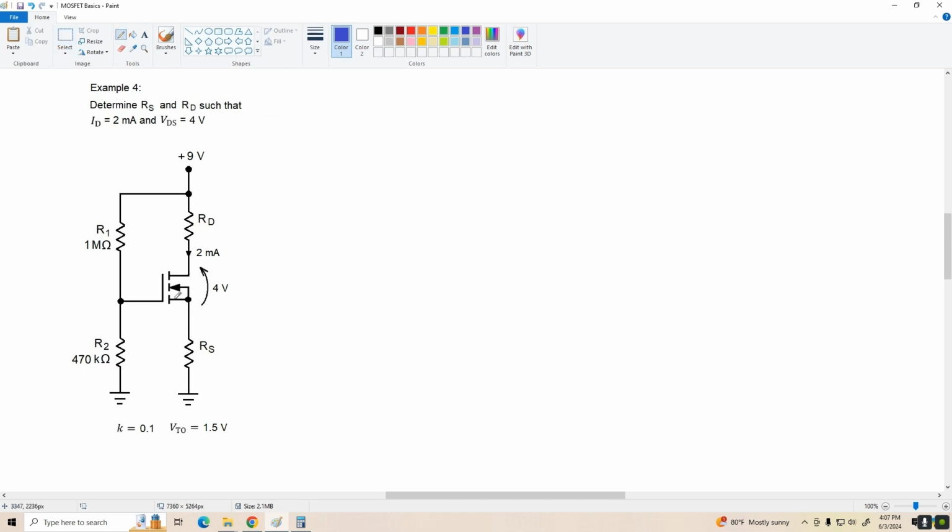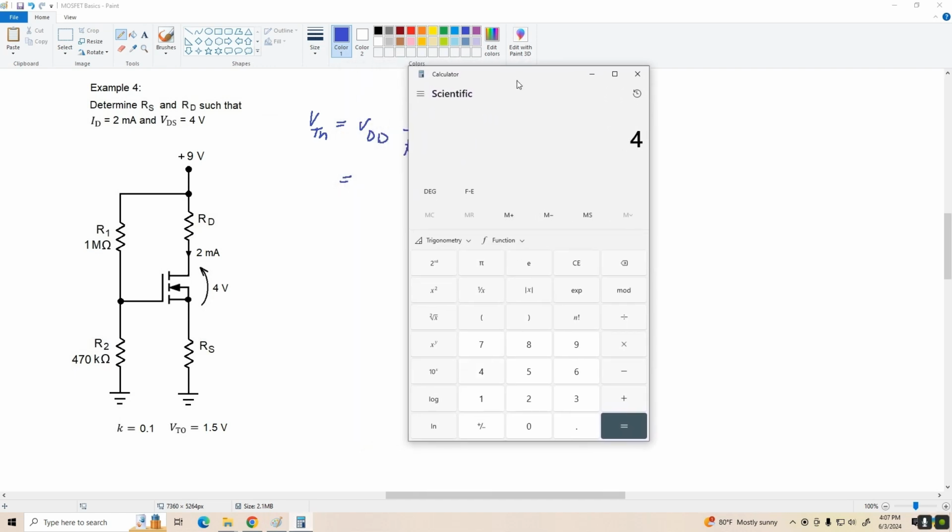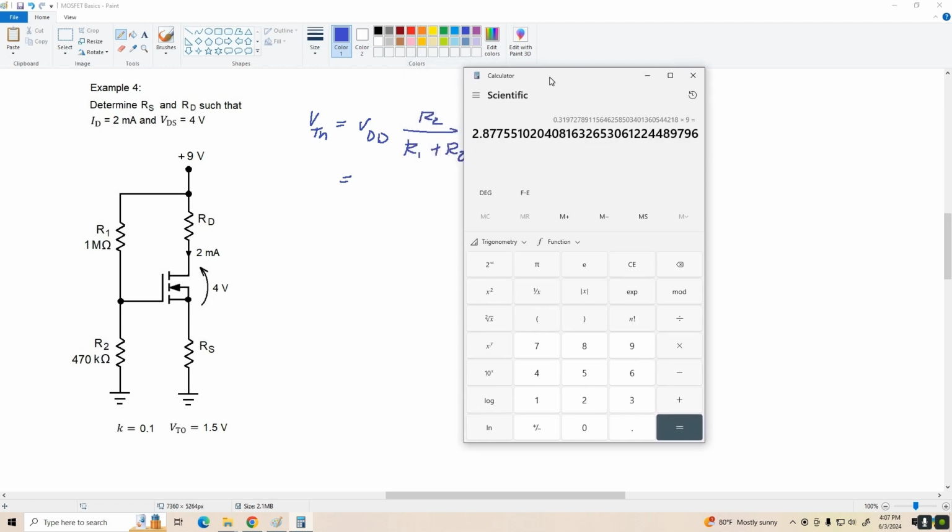All right, first things first, let's find the Thevenin voltage here, and that's VTH equals VDD times R2 over R1 plus R2. All right, see what we come up with here. 470 divided by 1470 times 9 volts is about 2.88 volts.